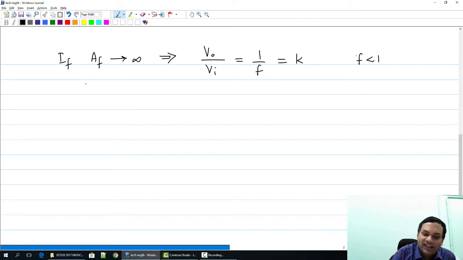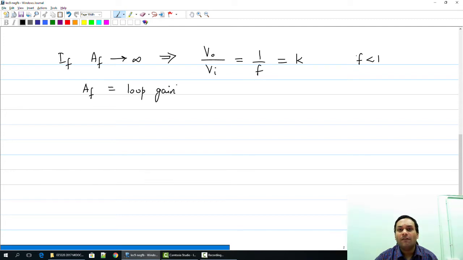Now this quantity AF is called the loop gain of the system, and very often it is the most important quantity associated with the negative feedback system. Why do I say it is the most important quantity?